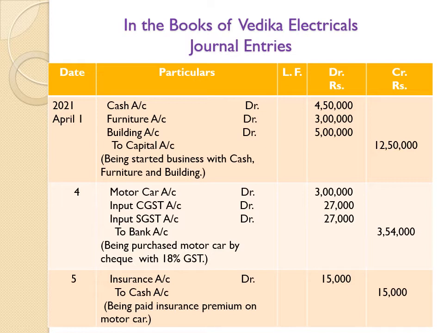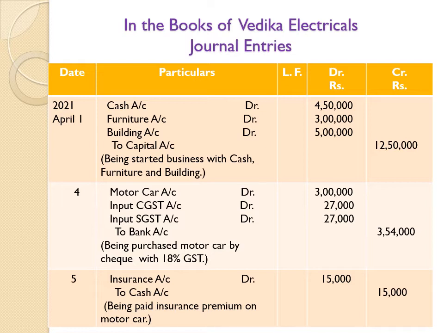If the tax is central, it is necessary to mention CGST. If the tax is levied by the state, it is necessary to mention SGST. The amount paid by cheque, that is bank account.